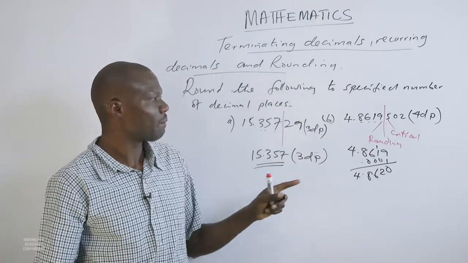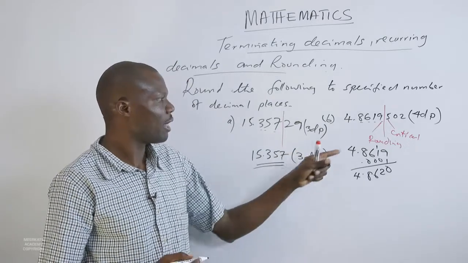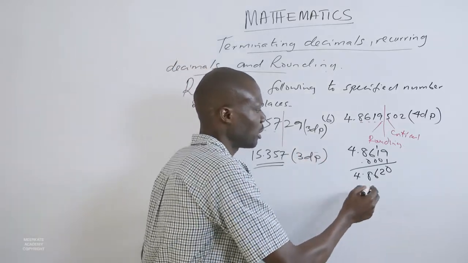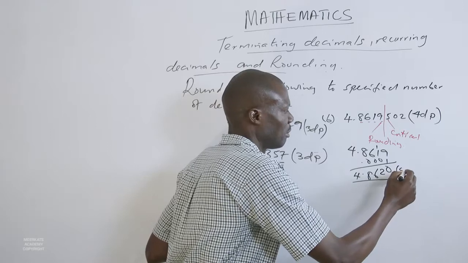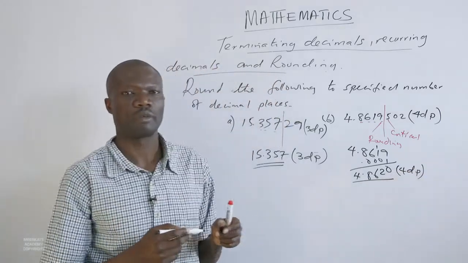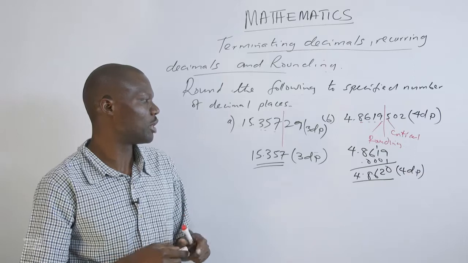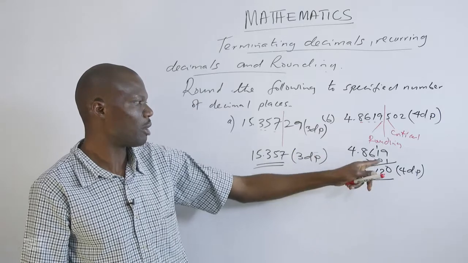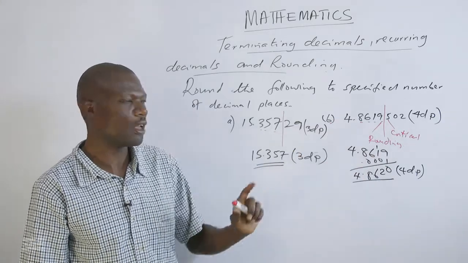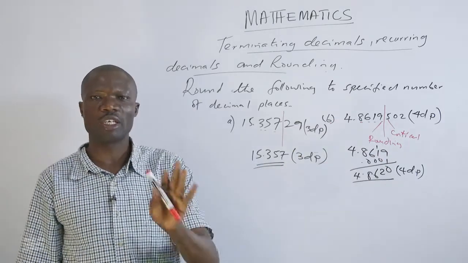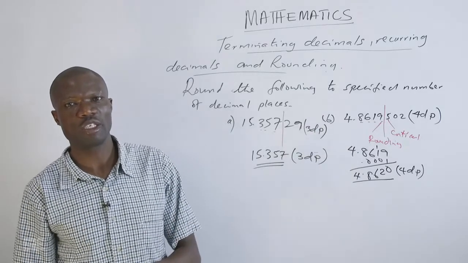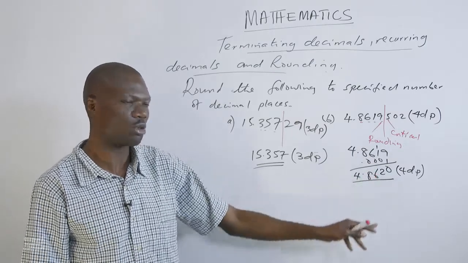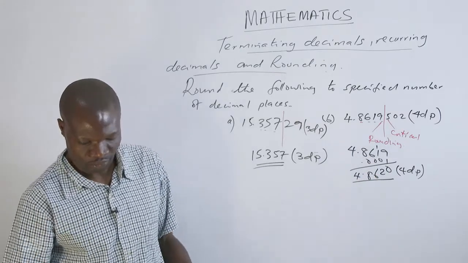So we find that correct to 4 decimal places, when we round the decimal above, we shall have 4.8620. Remember, the rounding digit was increased by 1, and it was 9. We cannot write 10 as a digit, so we write 0, we carry 1 to the next column, and 1 becomes 2, and that's why we have what we have there.